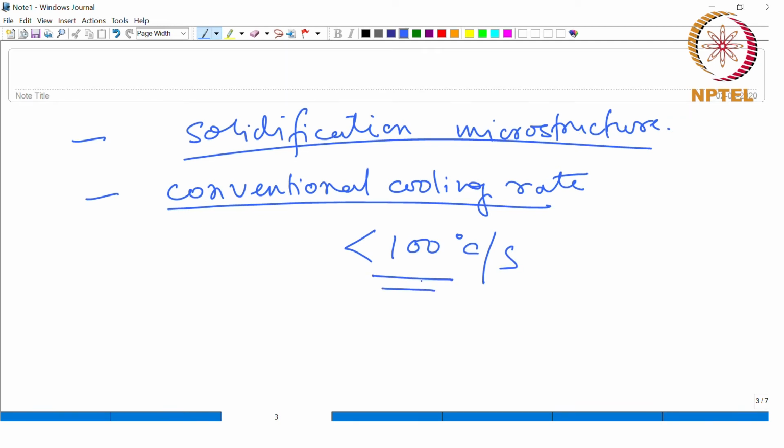So, you can see in conventional melting and casting, the cooling rate is quite low, right.